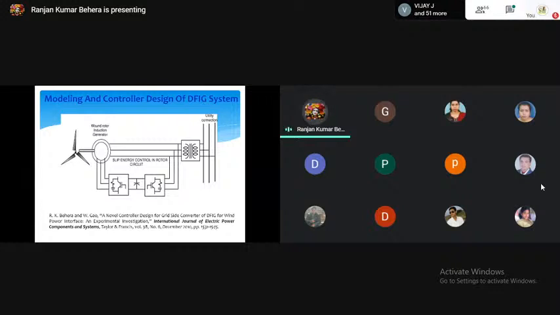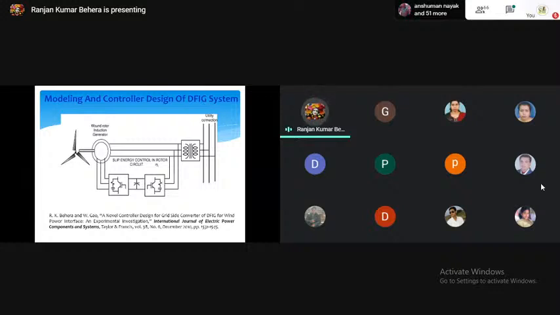And here there are two inverters connected. When this is used for this induction generator, you have seen the rotor is connected with two converters. One is an AC to DC converter, another is a DC to AC converter.